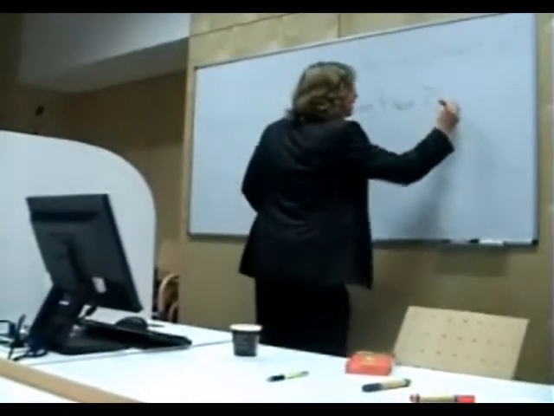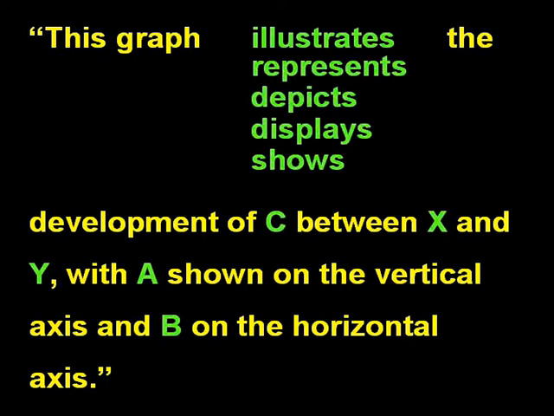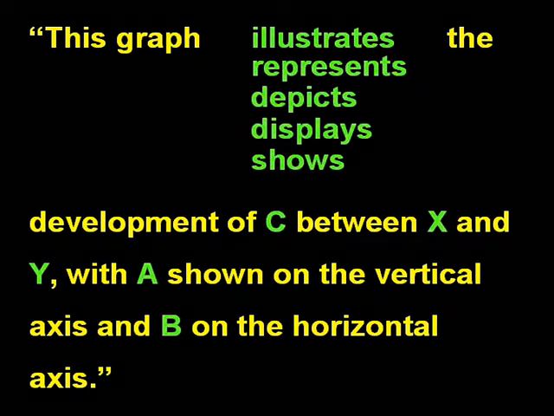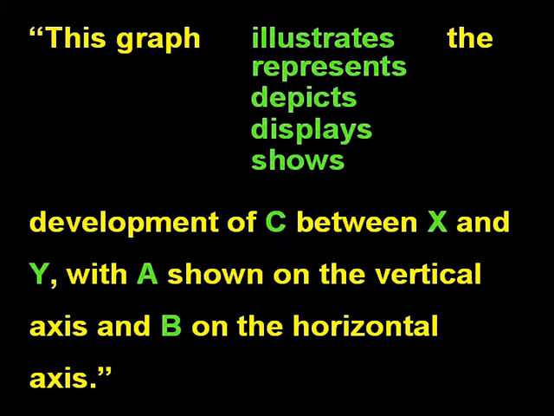Here's the wonderful thing I gotta add, comma, with A shown on the vertical axis and B on the horizontal axis.